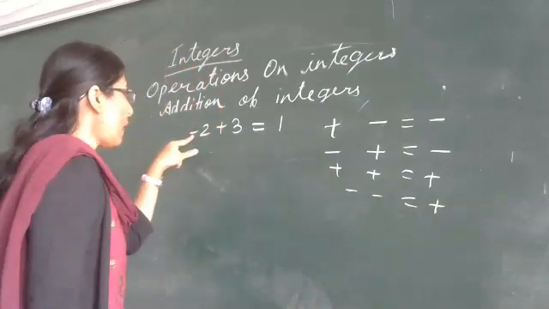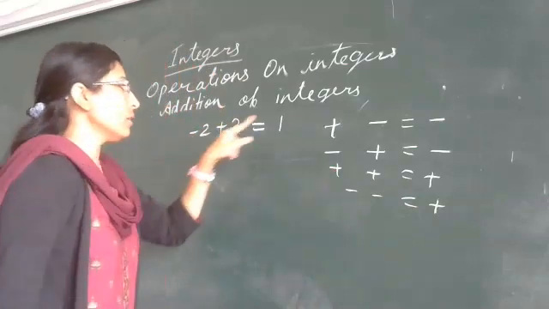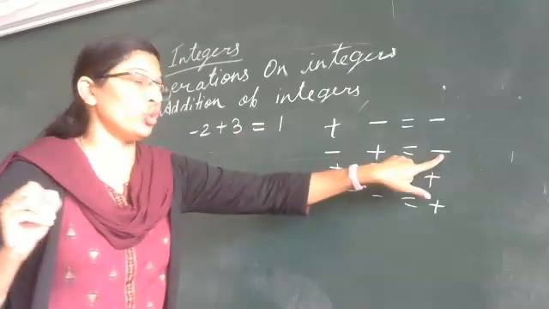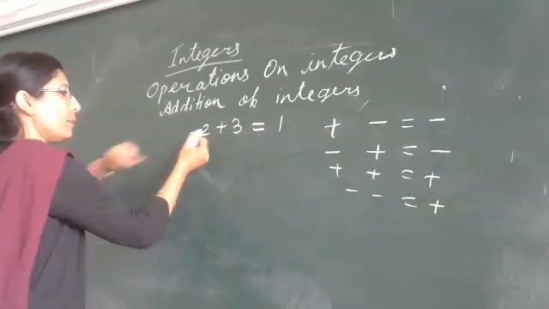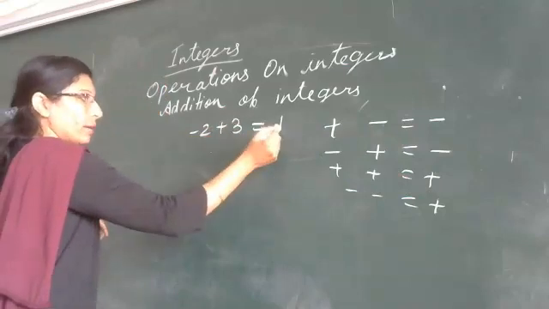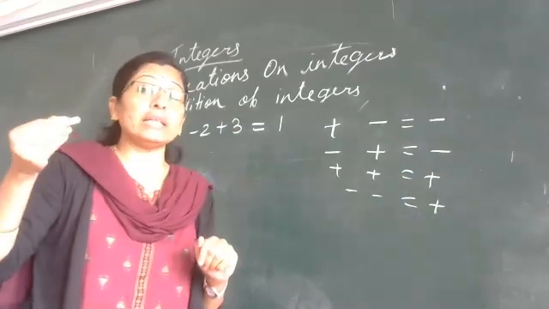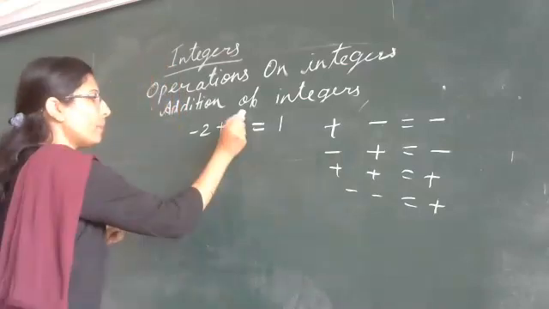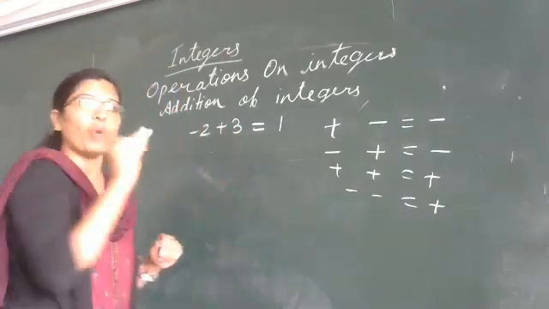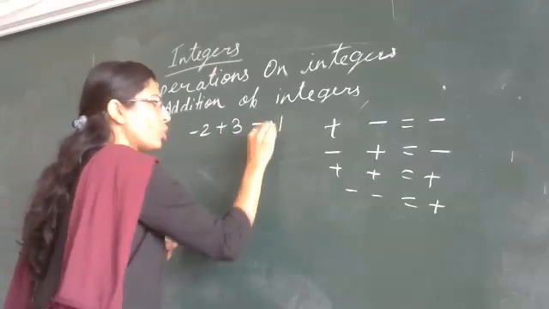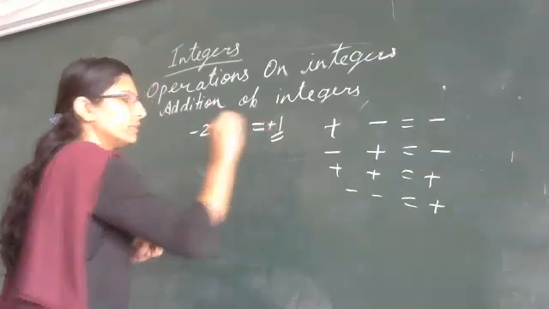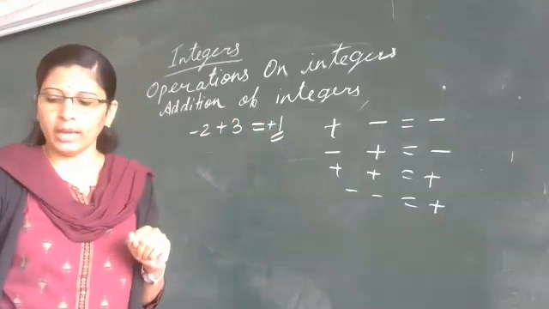Minus plus you have to subtract. So 3 minus 2 is 1. But when we are putting the sign, the greater number's sign should be there. So the greater number is 3. 3 is having a positive sign. So the answer will also come positive, plus 1. This is the answer. Okay?